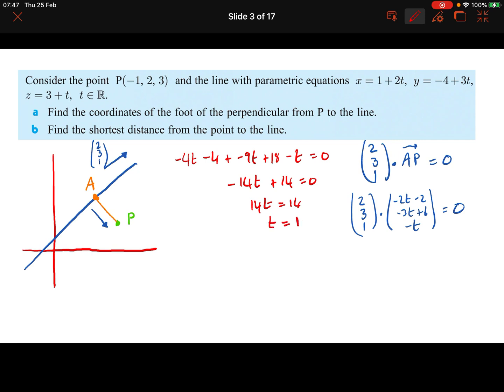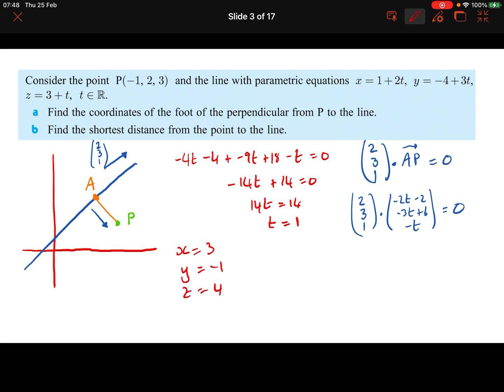So we know the point A happens when t is equal to 1. So I can now find out the coordinates of A by substituting t into the x, y and z. My x value is going to be 1 plus 2 is 3. My y value is going to be minus 4 plus 3 is negative 1. My z value is going to be 3 plus 1 is 4.